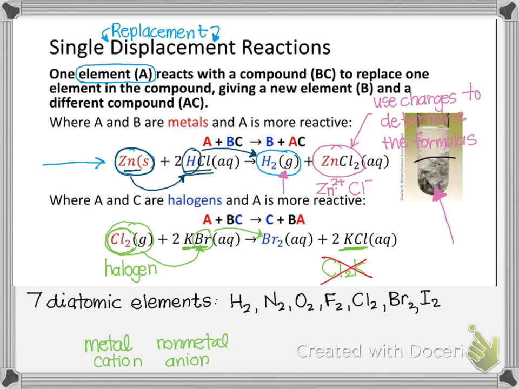Then the second thing you might say, okay, well, why don't we write KCl2? Because I have Cl2 on the other side. But remember, we have to use the ions to get the new products. So this is not correct, because it's a K plus and a Cl minus, so it's a 1-to-1 ratio.